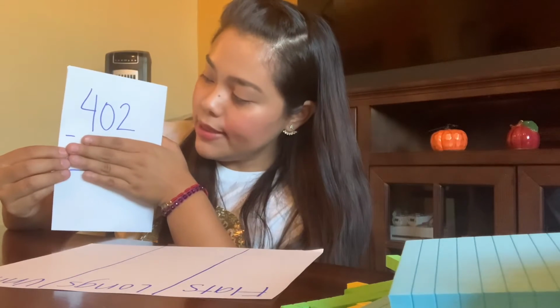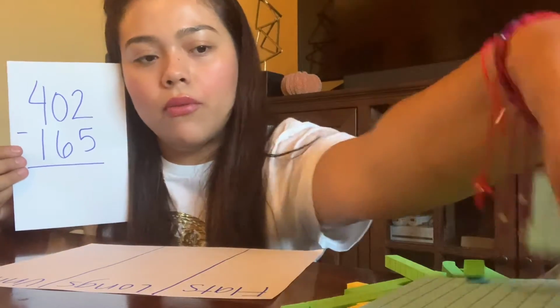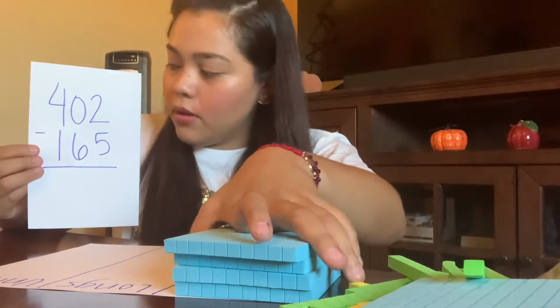So, let's start with our 4. The 4 is in the flats column, so that means we are going to need 4 flats. We are going to place 4 flats, 1, 2, 3, 4 flats in our flats column.